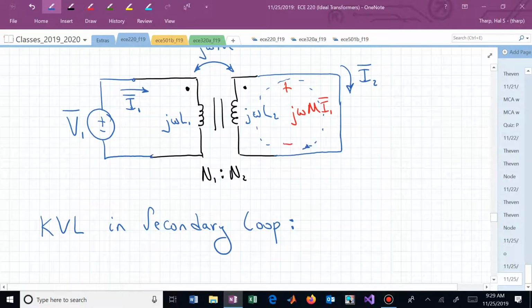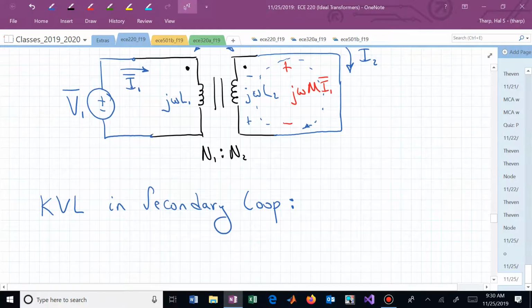My drawing is a little bit confusing, but we have basically two voltages, one due to the self-inductance and one due to the mutual inductance. I've indicated the sign of the mutual inductance. I haven't labeled the self-inductance sign, but it's due to the passive sign convention. It will be this polarity labeling.